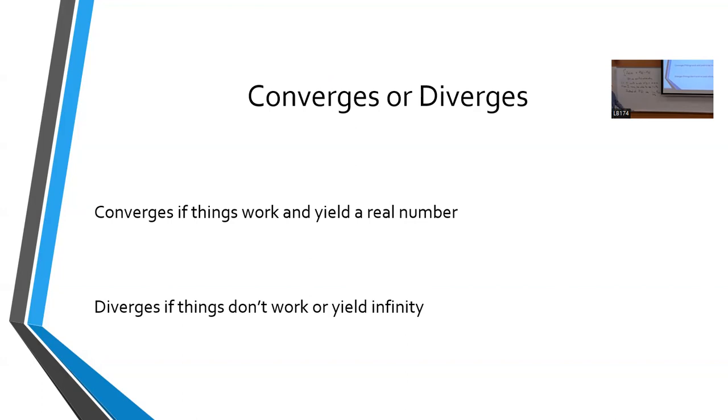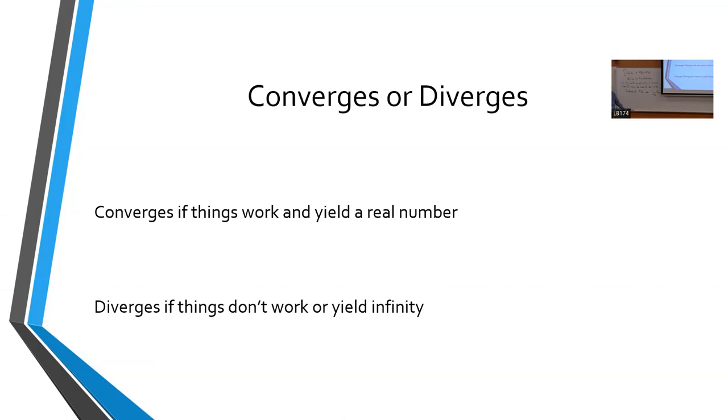Now, this integration could yield a real number. So we're gonna take a definite integral, and a lot of times we'll get a real number. If we get a real number when I integrate that definite integral, I say the integral converges.